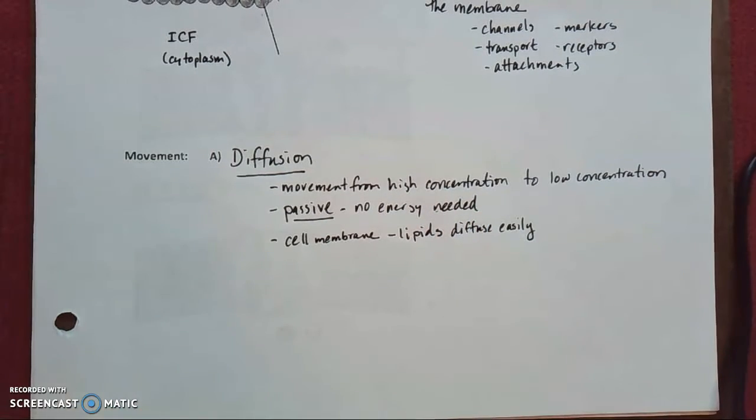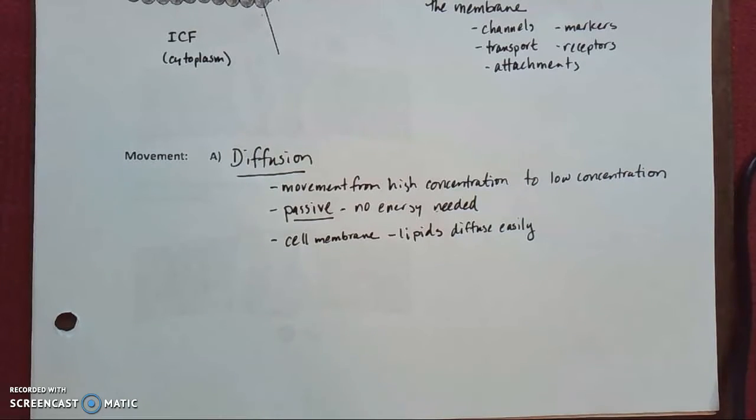If we have a lipid, it can actually squeeze between the heads that are hydrophilic and go through the hydrophobic region, because remember that like things will dissolve in like things or mix with them. Water is an exception, but if you had something else that was hydrophilic or hydrophobic, it would not be able to pass through the membrane.